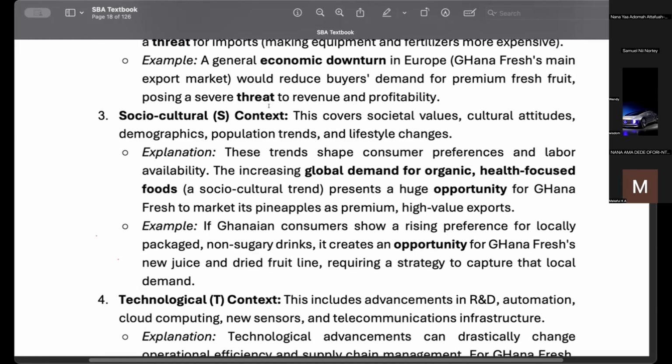And then there is also opportunity in Ghana for a dried fruits line, which Ghana Fresh has not started, but they can do dried fruit too. I know dried fruit is quite popular in the US and the UK, but I don't know about Ghana. I'm not seeing that much here. We are used to taking the fruit in its wholesome form.